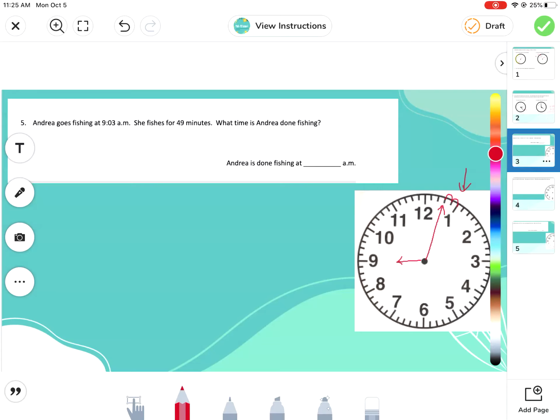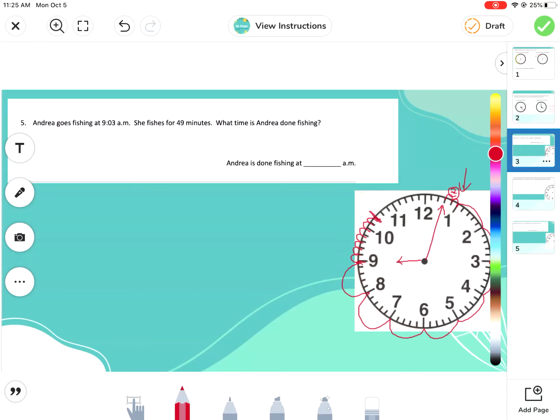So you can actually manually count 49 like this. But then, so this is 2, and then I'm going to count by 5. 5, 10, 15, 20, 25, 30, 35, 40. And then I have 2 here, so it's going to be 42, 43, 44, 45, 46, 47, 48, 49.